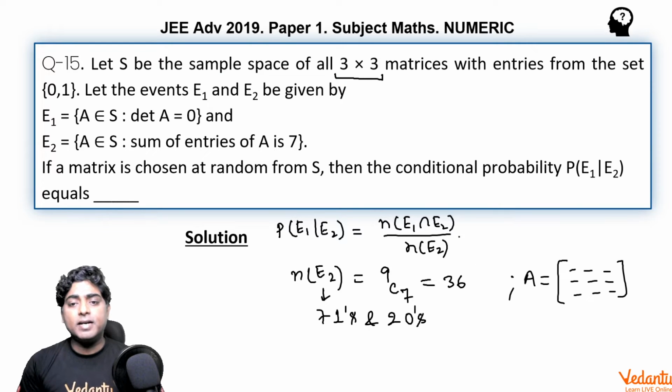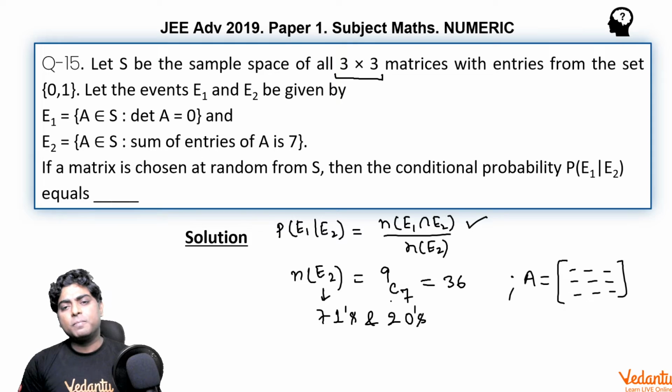Now how can you find n of E1 intersection E2? E1 was the set of all those matrices whose determinant is 0. So we need not check E1 alone. In fact, we have to find the number of cases belonging to E1 intersection E2. So E1 should be seen with E2. E2 means there are 7 ones and only 2 zeros.